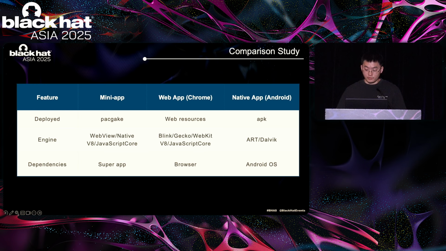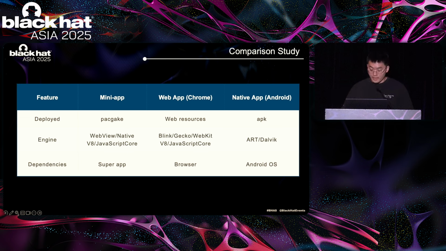Here is the difference between mini app, web app, and native app. Mini apps are deployed as packages, while web apps rely on web resources and servers, and native Android apps use APKs. They also have different engines and dependencies. From our study, we can summarize the following advantages of a mini app.